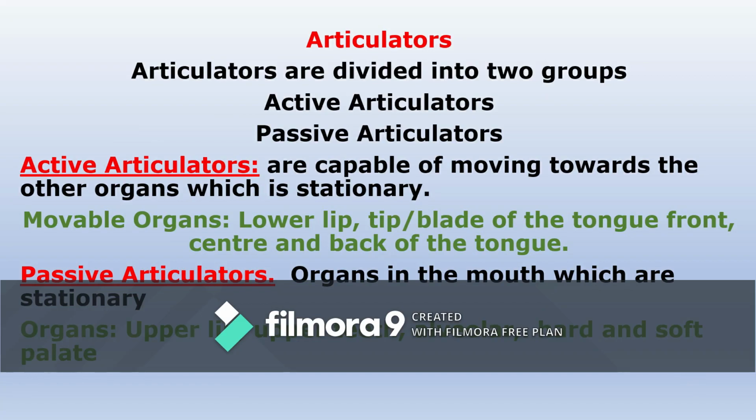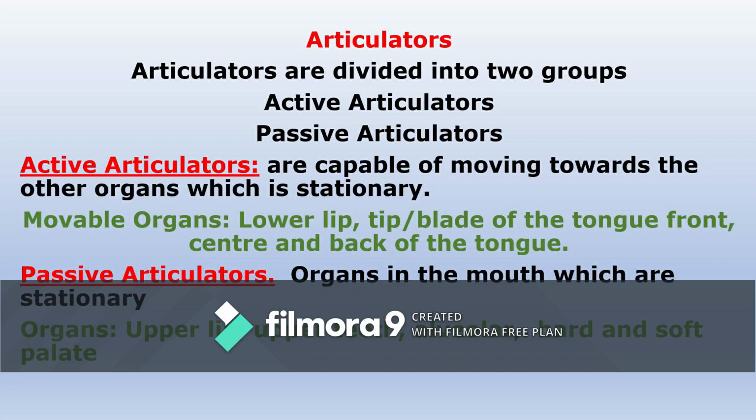Active articulators are those organs which are capable of movement, or move towards another organ which is stationary. Lower lip, tip or blade of the tongue, and front, center, and back of the tongue are called active articulators.